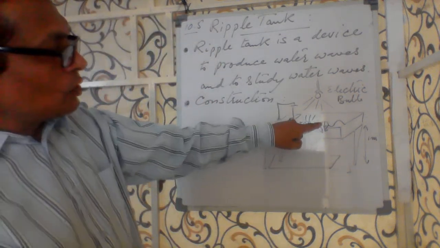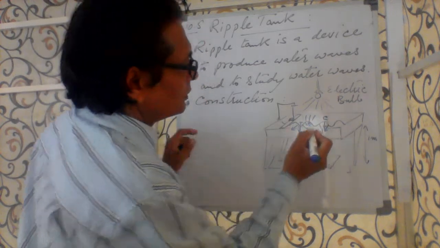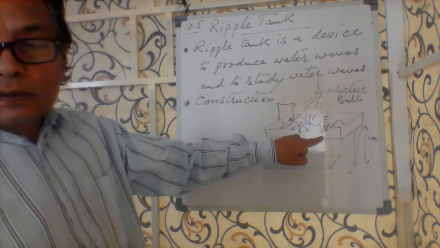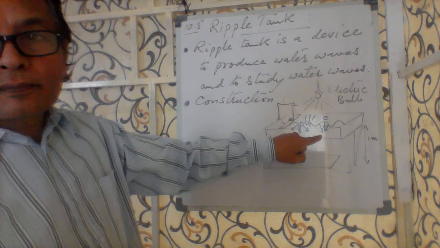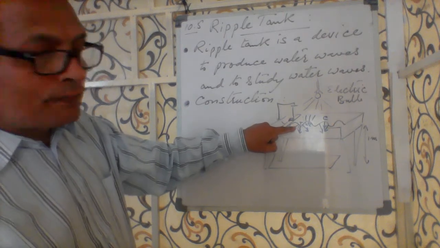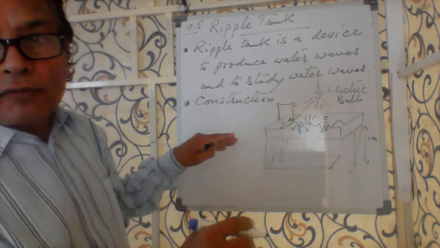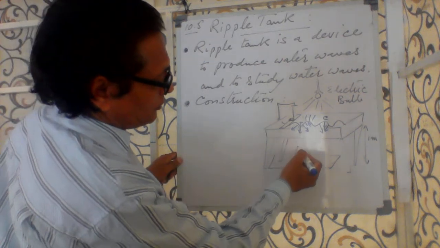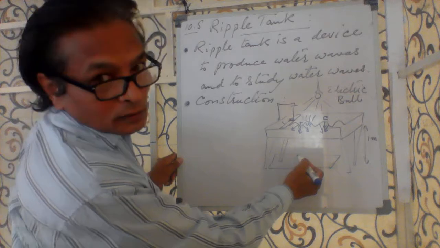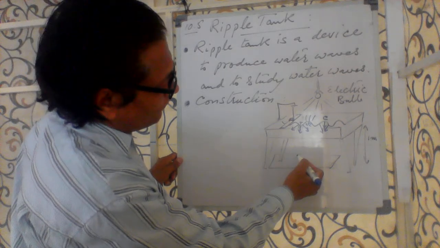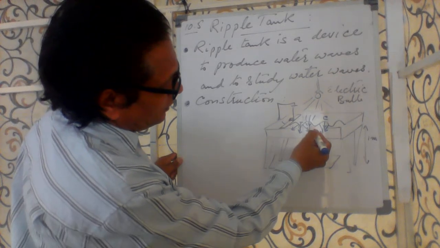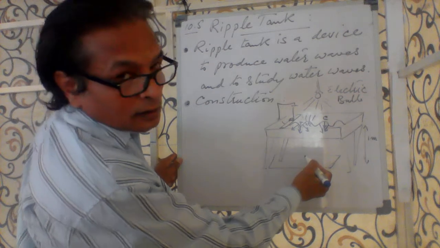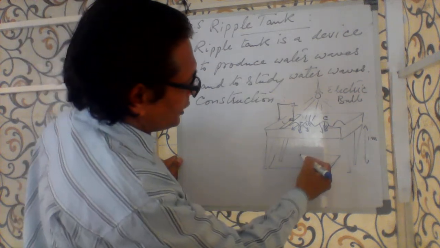So the crest converges the light waves, and the trough diverges the light waves. So below this trough we get a dim light, while under the crest we get a bright light.